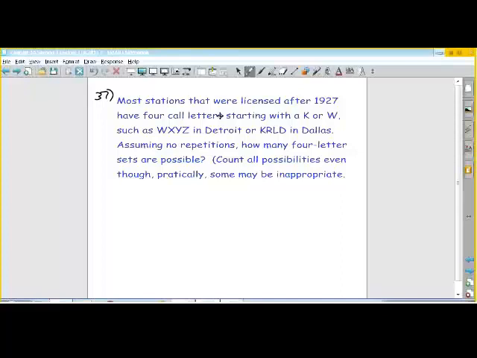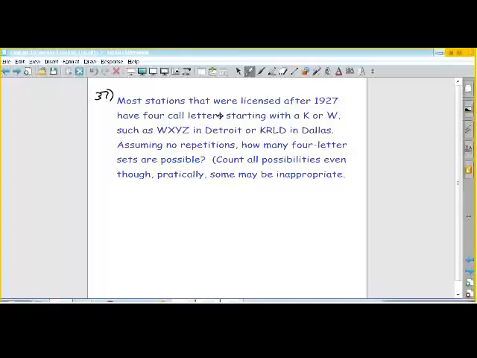But the problem is, to use permutations or combinations, when you go through the various steps, you have to start with the total number of options, like 26 letters.